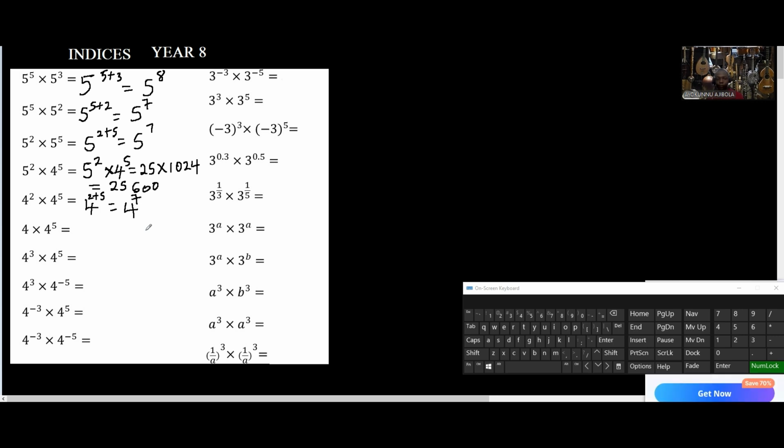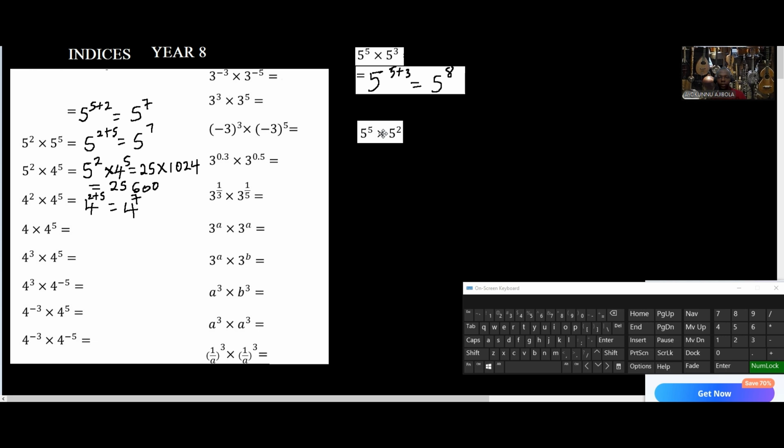Let me see if I can move this one by one, like this one, and this is the solution here, so that you don't mix it up. Then this second one, number two, and this is the solution here.